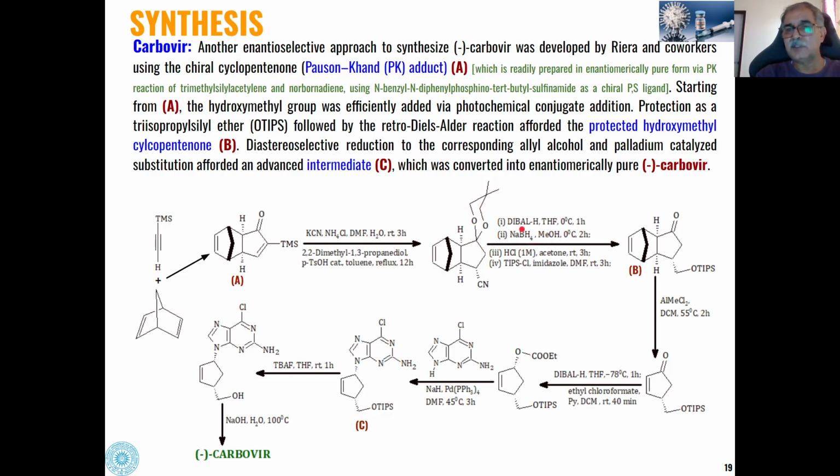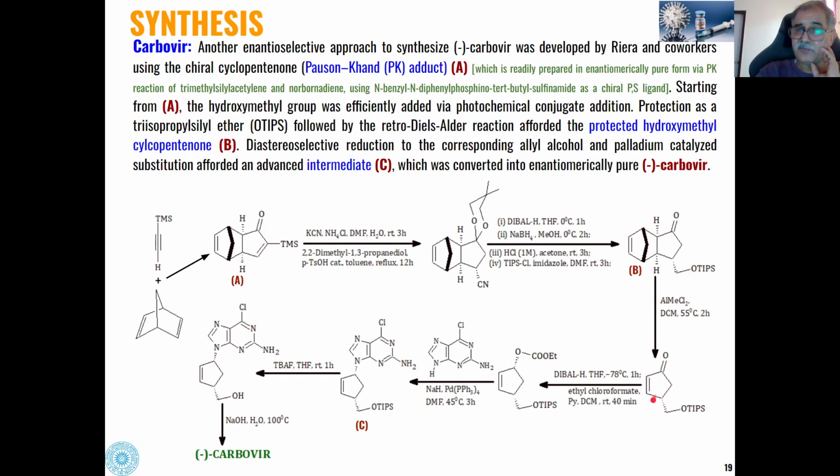Then on reaction with diol followed by sodium borohydride, this nitrile will be converted into amide first, and then that amide will be reduced to the corresponding alcohol, and on hydrolysis you will get alcohol, and then TIPS-Cl will give you this O-TIPS derivative, and then aluminium chloride in dichloromethane will give us conversion of this into alpha-beta unsaturated ketone with the removal of the other ring.